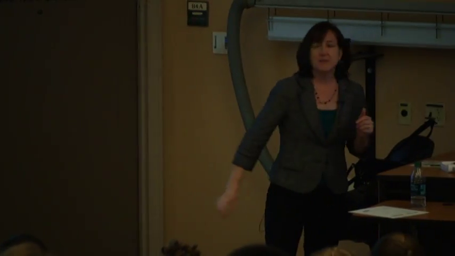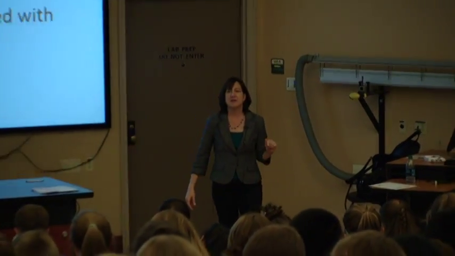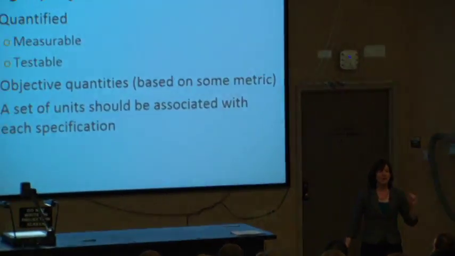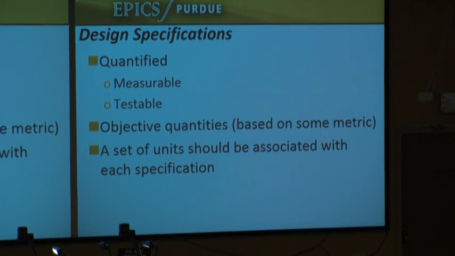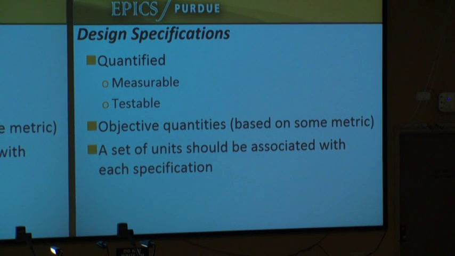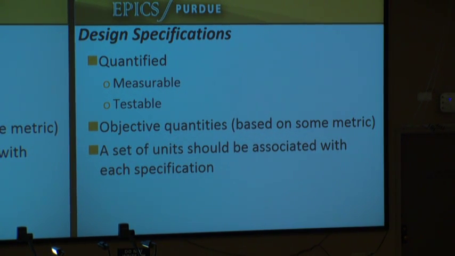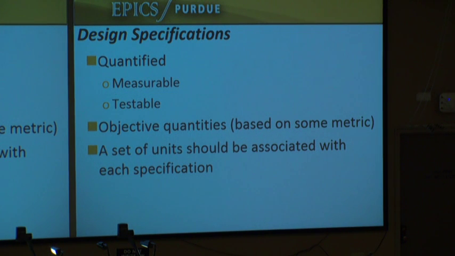Okay? So when you think about specifications, they need to be quantifiable, so measurable and testable. How will you know if your project meets its specs? You need to have some kind of criteria. So saying something is light, depending who you are, your definition of light might be very different than somebody else's. Especially if you're thinking about light for how long.